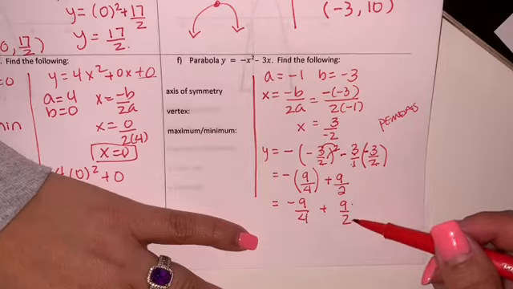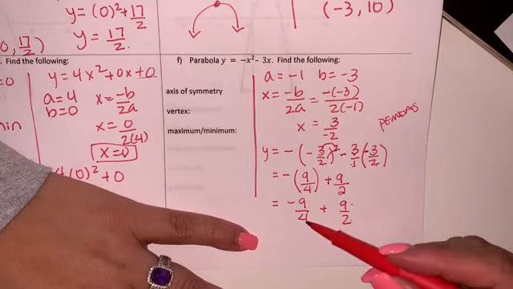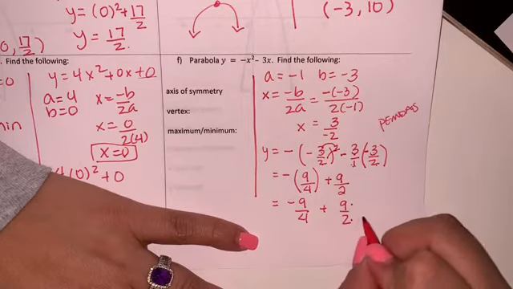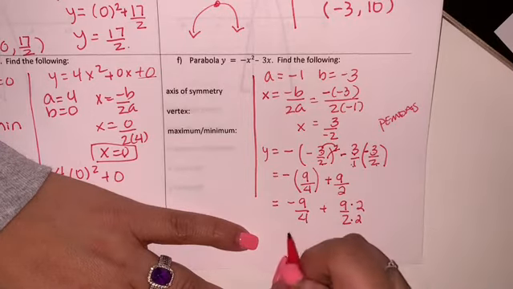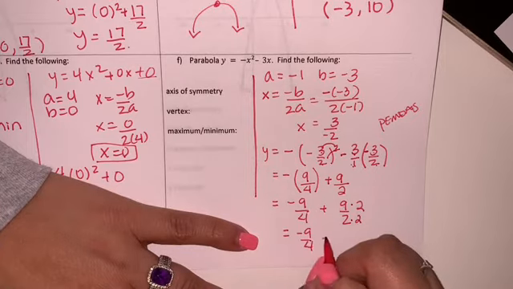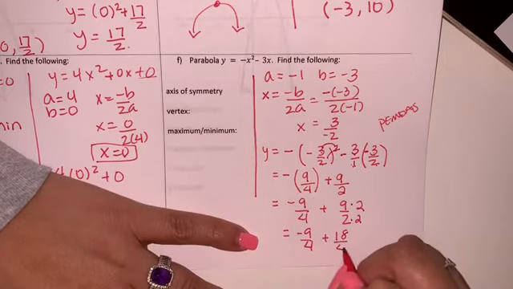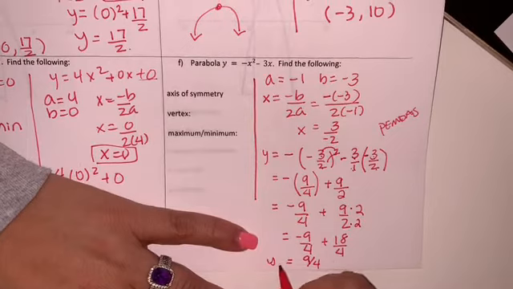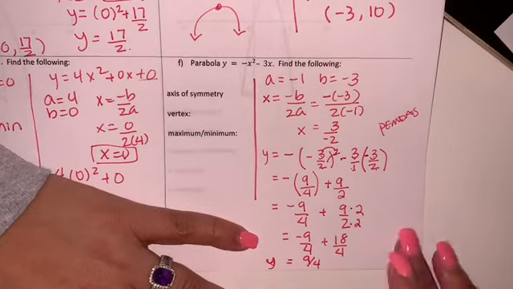So you're going to make a common denominator between 2 and 4, which is going to be 4. You're going to multiply the numerator and denominator by 2. So I'm going to get negative 9 over 4 plus 18 over 4 equals 9 over 4. And that's going to be my y. y equals 9 over 4.